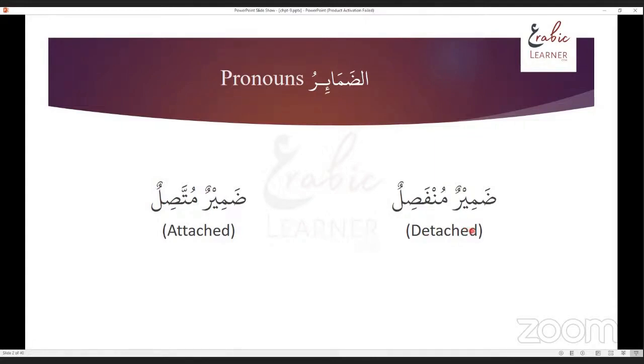And I repeatedly say that all munfasil dhamair are in the state of rafa. They are always marfu. And when it comes to dhamir muttasil, they are either mansoob or majroor. They are in the state of nasab or in the state of jar.